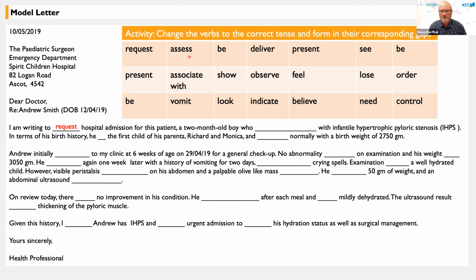We're going to use the word assess here. Use the second verb. Yes, Hamid. Hamid's got assessed, but we can't say assessed with because somebody assessed him. The health professional assessed him. So we need to use passive, everyone. The patient can't assess themselves. Somebody did it. Thank you, Hamid.